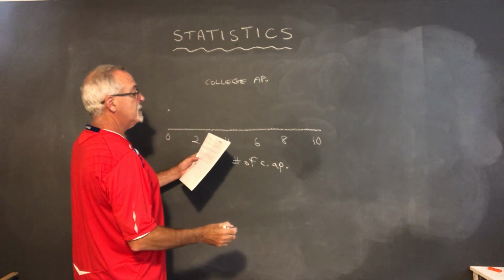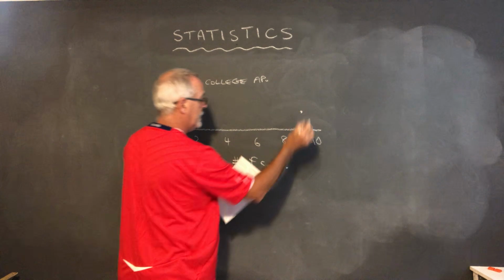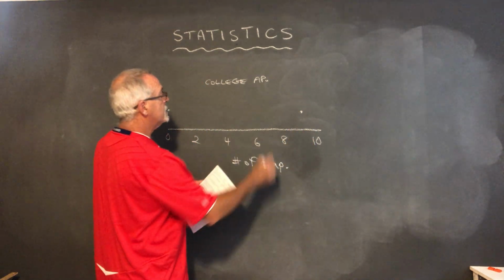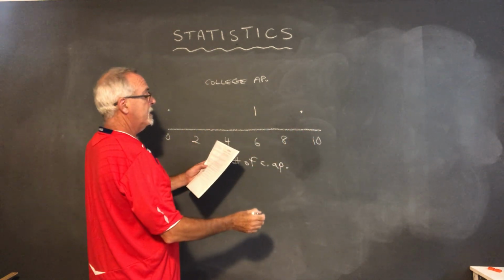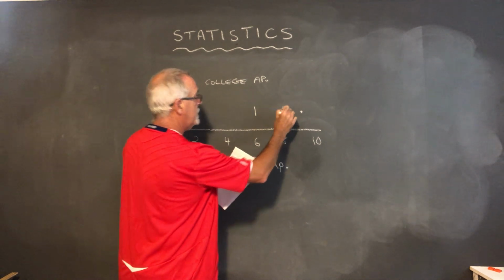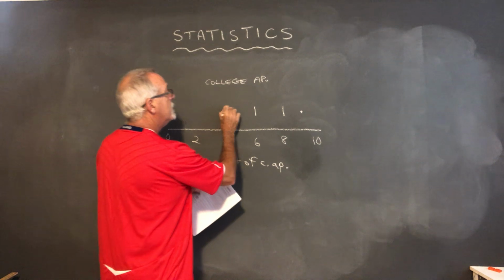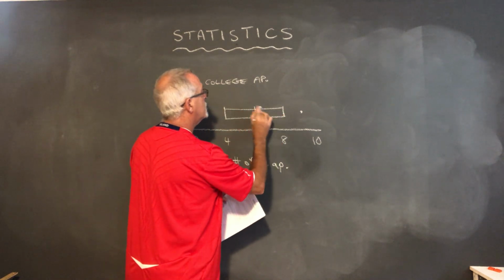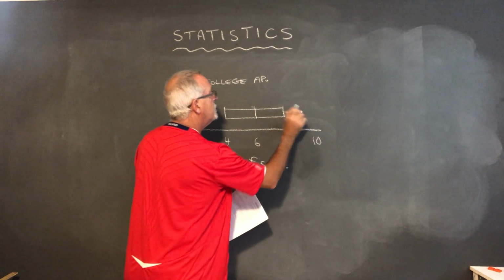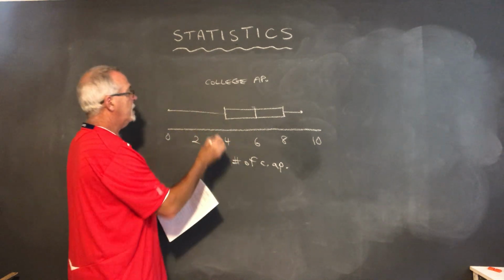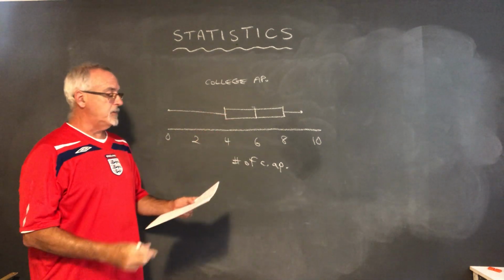My max is at 9. My Q2, the median, is at 6. Then I have Q3 at 8, and I have Q1 at 4. I can complete my boxes. I can complete my whiskers. I have a complete box plot, and I can answer questions about it.